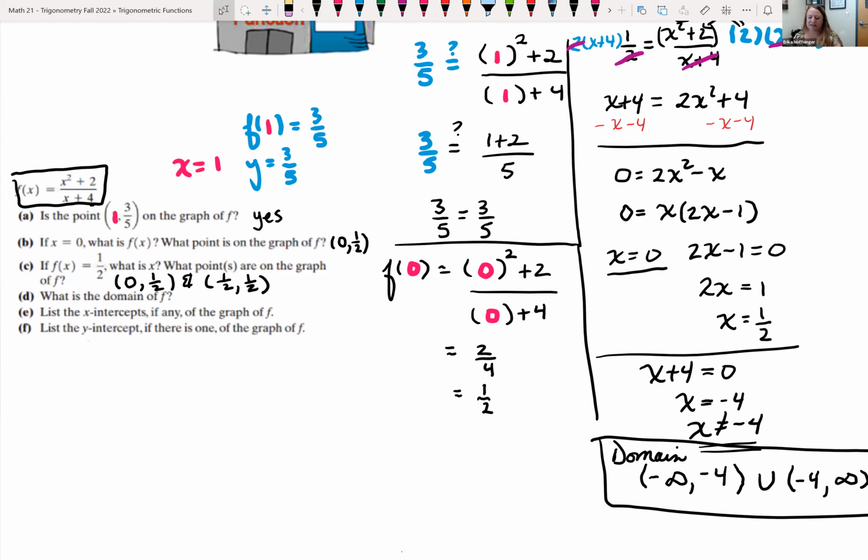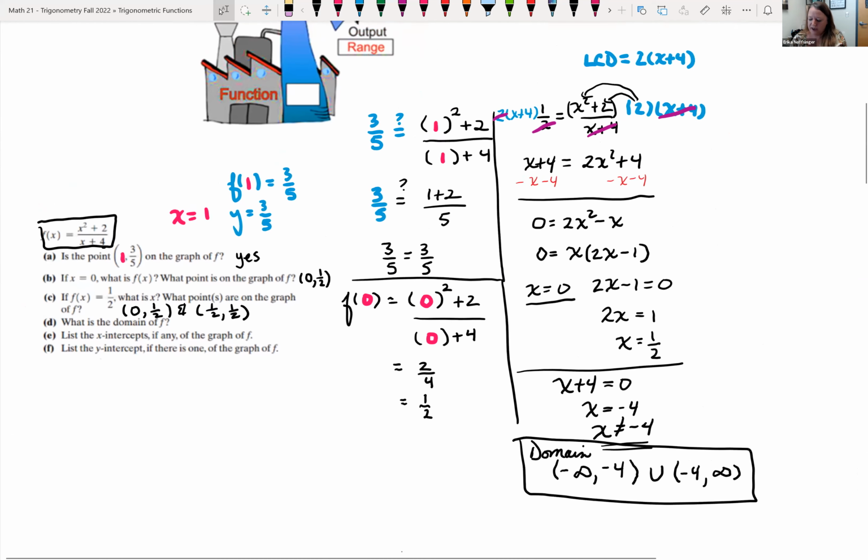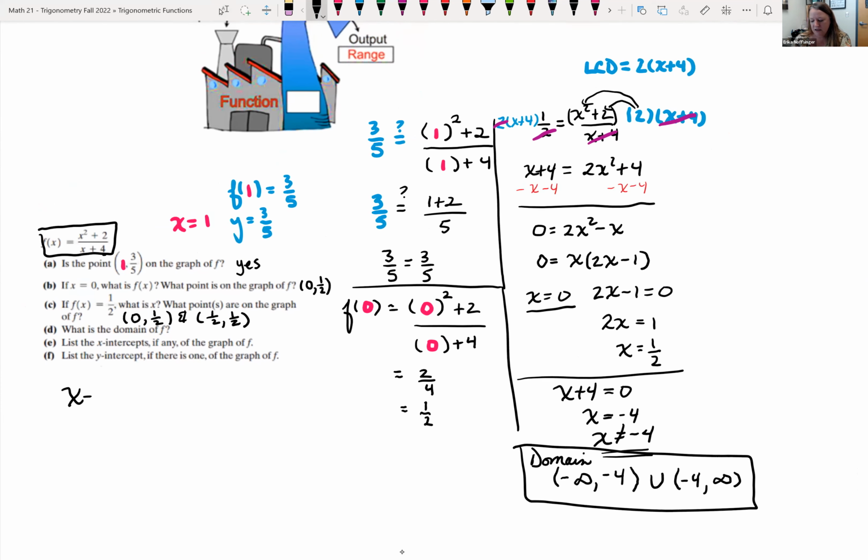Part E, it wants us to find the x-intercepts, if any, of the graph of f. So recall x-intercepts, any value that we're crossing or touching the x-axis is considered the x-intercept. And so if you think about it, when you're on the x-axis, any point on this x-axis, your y value is always 0.